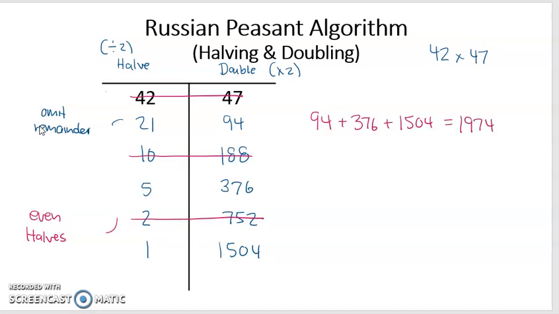Now, you can go to your calculator or do this via any algorithm that you choose. 42 times 47, just to check, is also 1974. So through halving and doubling, we can come up with a product of 42 times 47.